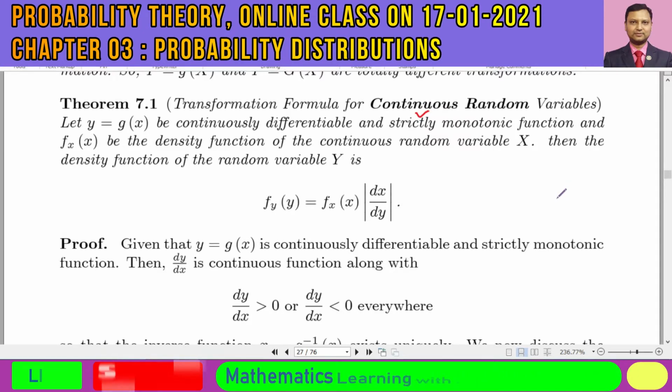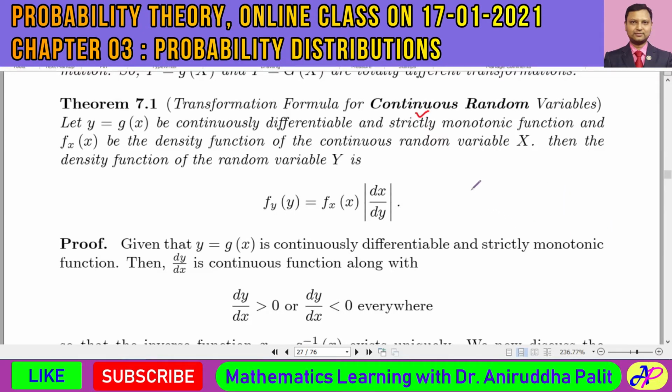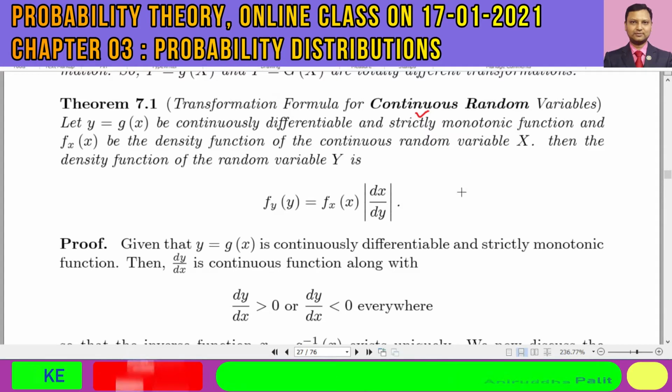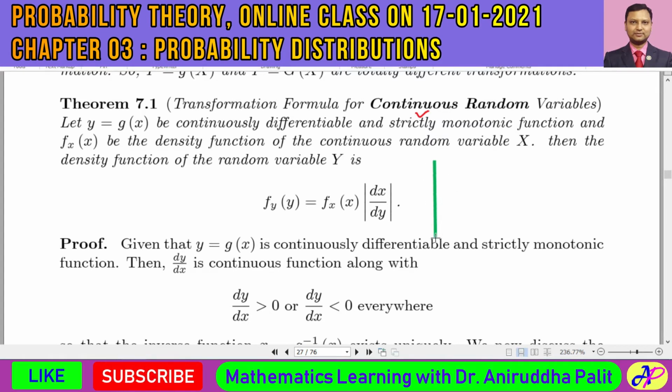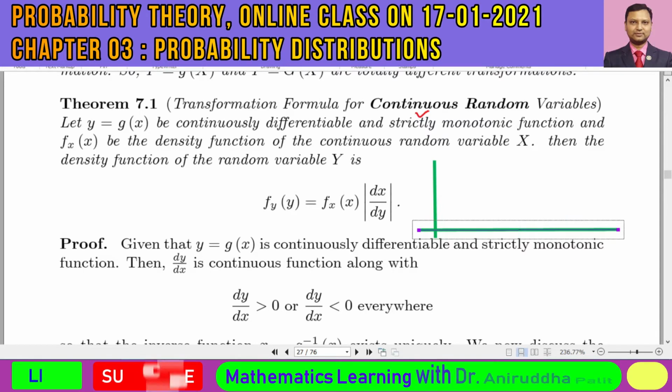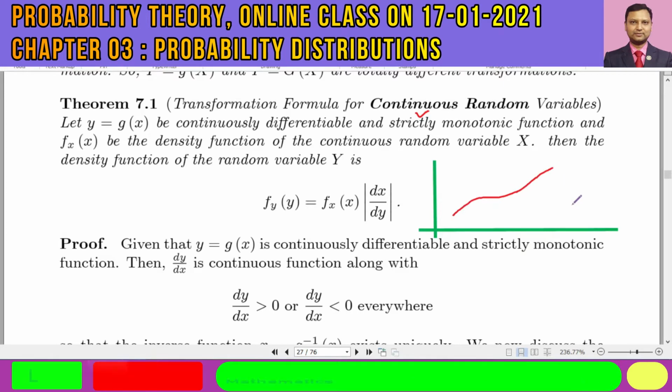What is the property of a strictly monotone function? Let us show a strictly monotone function over here. You see this kind of function, these are the strictly monotone functions.